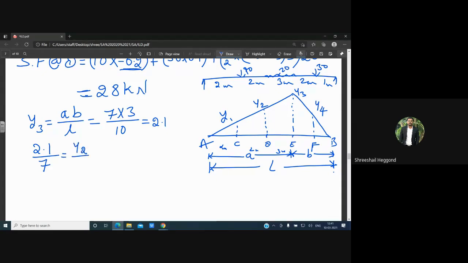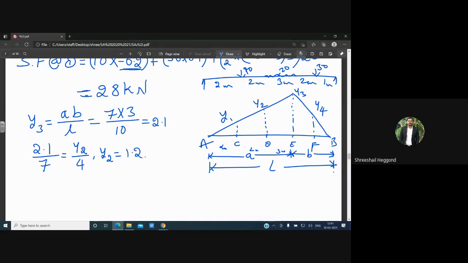Y2 divided by the base of the Y2 triangle, 2 plus 2 is 4. Therefore, Y2 is 2.1 into 4 divided by 7, which is 1.2.